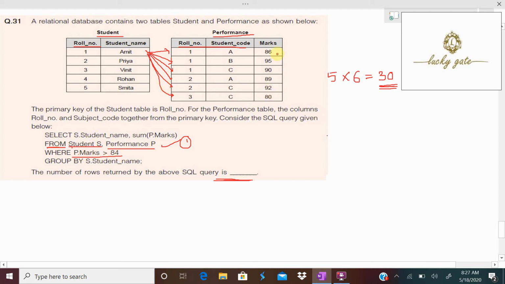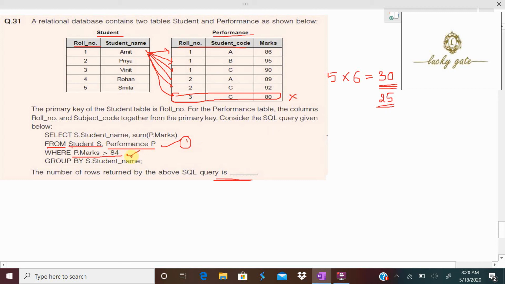Now you look, this is greater than 84, greater than 84, greater than 84, greater than 84, greater than 84. It means this row is eliminated. Because this row is eliminated, now we have 5 rows in student and 5 rows in the performance. Now it is going to become 25 rows after the execution of where P marks greater than 84.